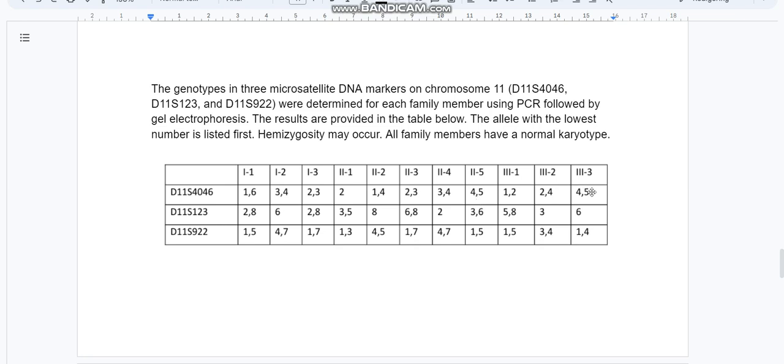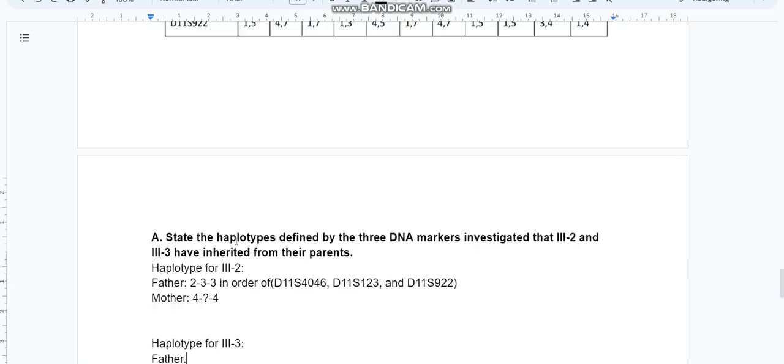Well, it seems like he has a 5 here, then he has a 6 here, and lastly a 1. So this is the haplotype of the father, 5, 6, 1. Remember, these are all in this order, okay?